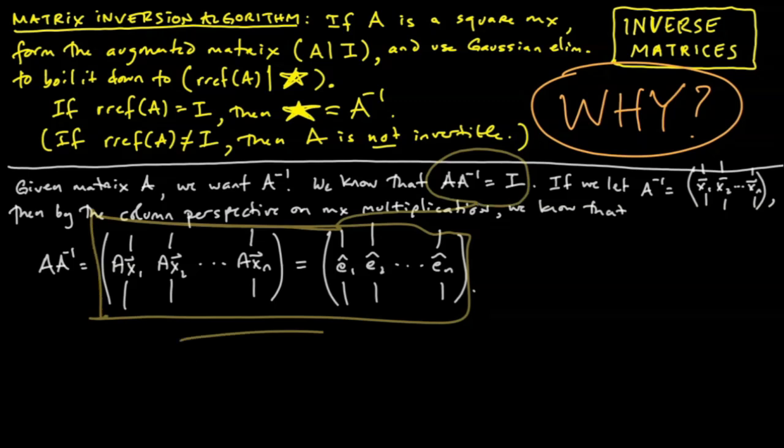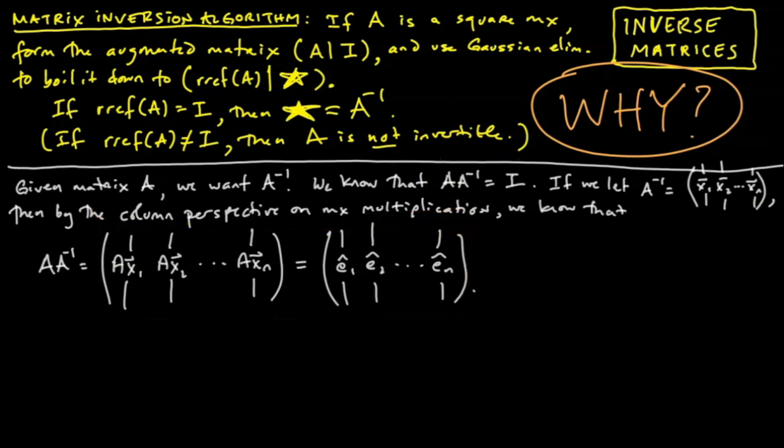But this is going to be a very useful way of thinking about it for us, because instead of just thinking about it on this large level of the matrices themselves, now we can say, well, all right, if these two matrices are equal, that means that all of their corresponding columns have to be equal.